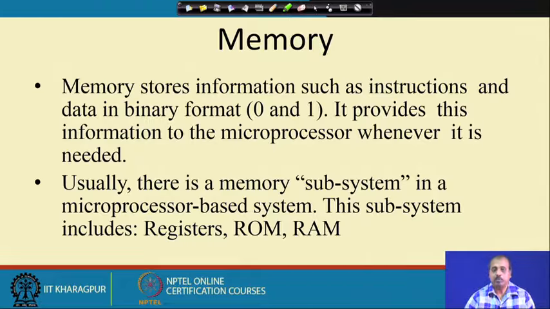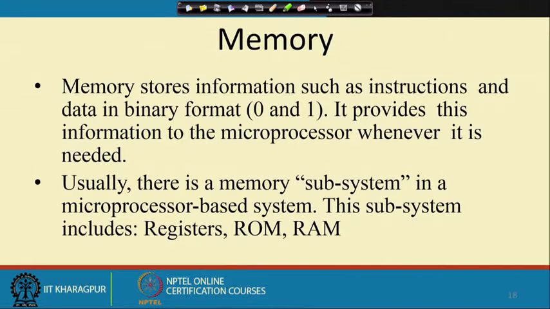We talk about memory as a subsystem, and in this subsystem we have registers, ROM and RAM. Registers are part of the CPU, so that is inside the microprocessor, but ROM and RAM are outside the microprocessor, as separate chips.